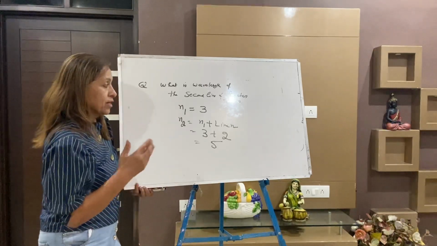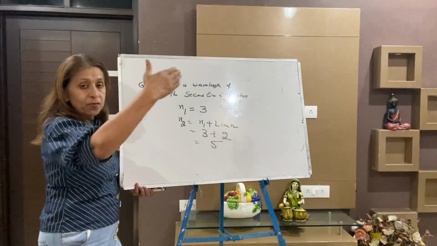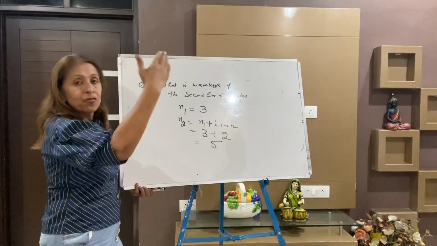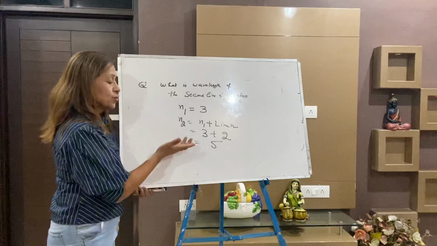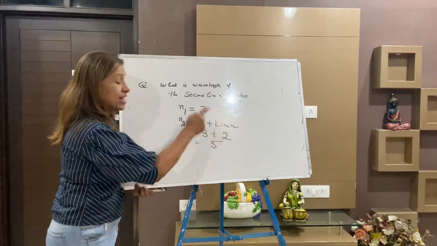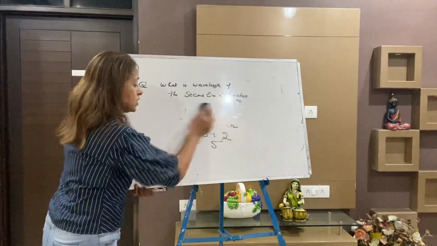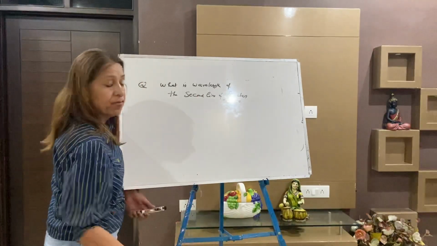Okay. Now they are saying second line. Second line means electron is dropping from 4 to 3 first line, 5 to 3 second line. So to make this formula, N2 is equal to N1 plus line number. So line number is 5, and after this calculating, you apply a very simple formula.